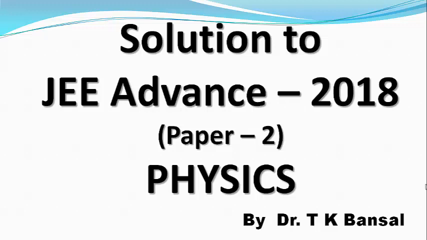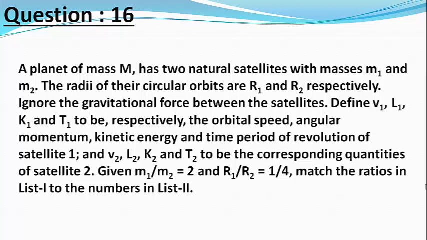Our next question is: a planet of mass capital M has two natural satellites with masses small m1 and small m2. The radius of their circular orbits are capital R1 and capital R2 respectively. Ignore the gravitational force between the satellites.